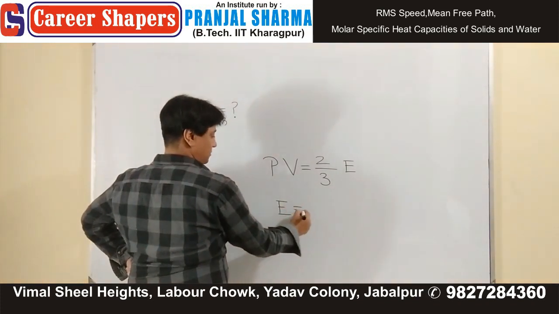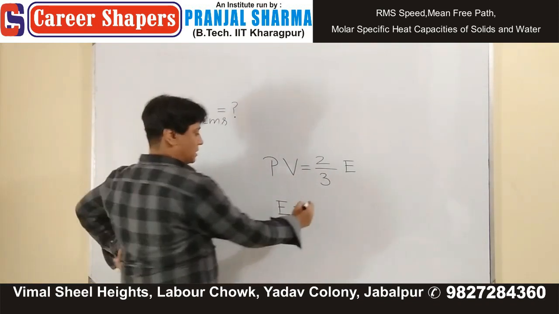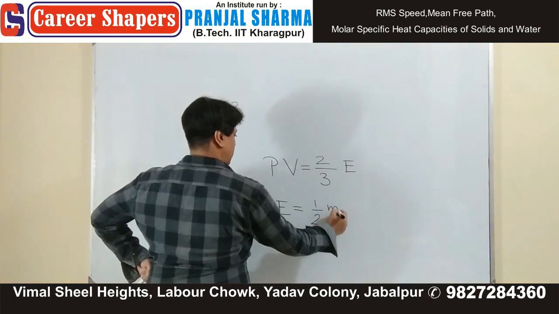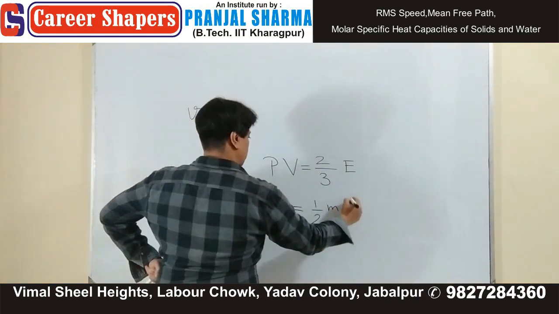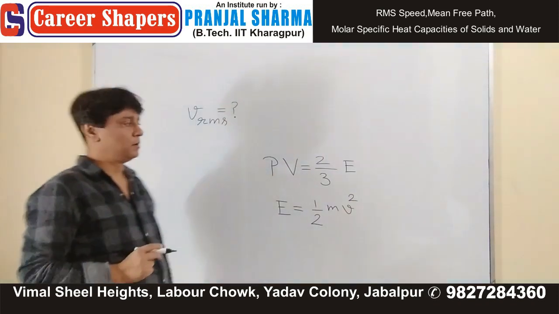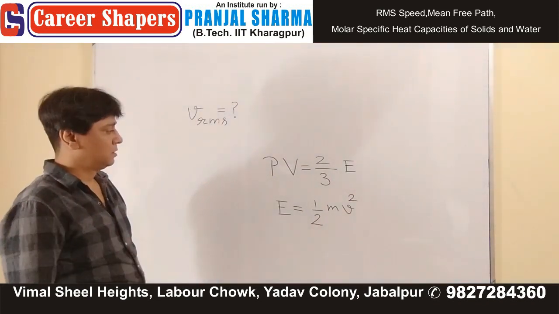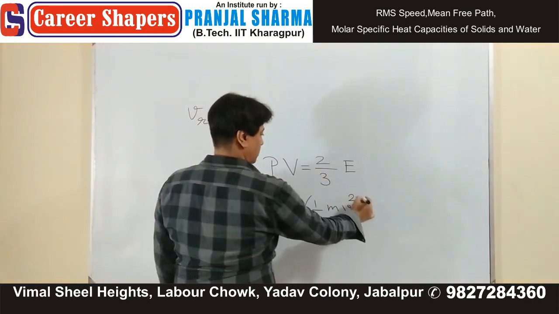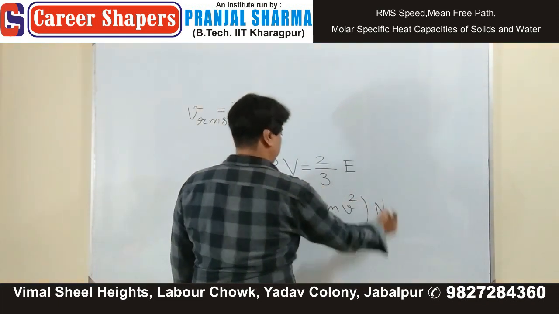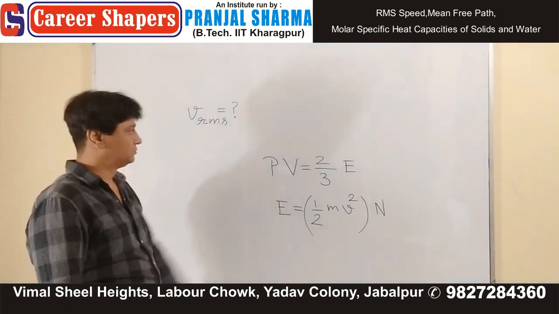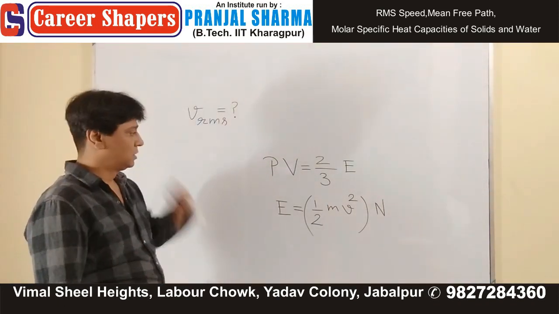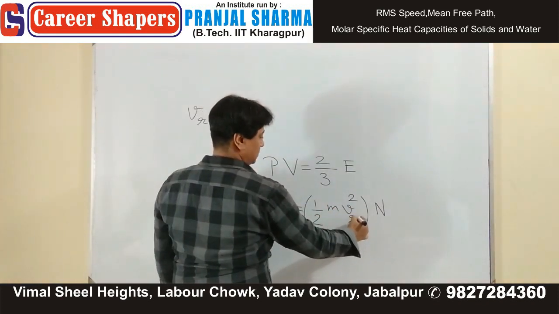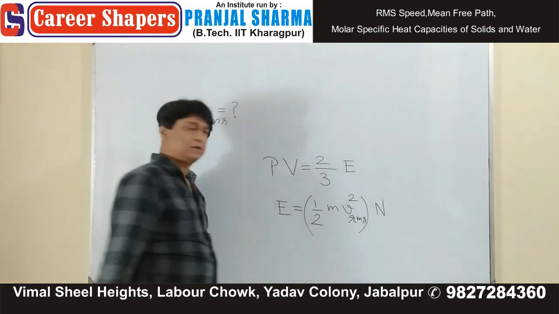This E is half m v square for n number of molecules or atoms. This v square is VRMS.